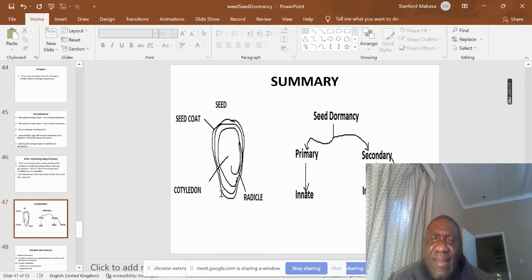Then the secondary dormancy is actually acquired in the field. It may be induced or enforced. So there are three types of dormancy: innate, induced, and enforced.